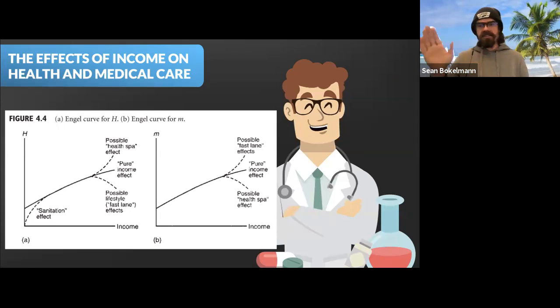And then on the other side, we see some other effects from high income, at the high income range. It has to do with the fact that at high levels of income, people might consume things that are bad for them.